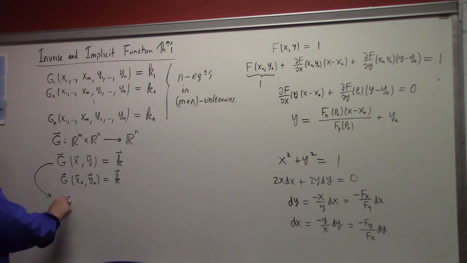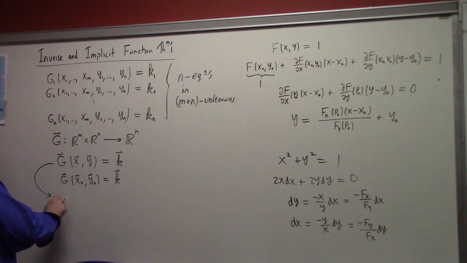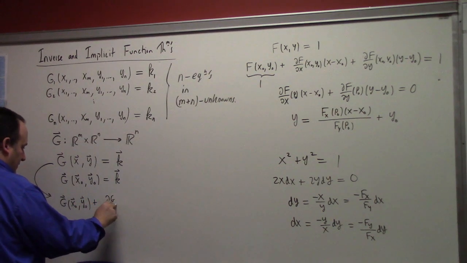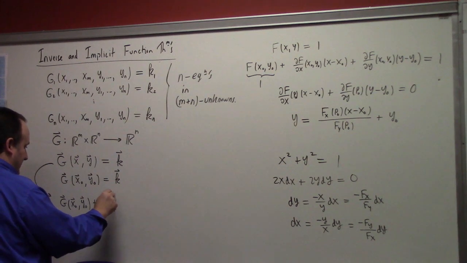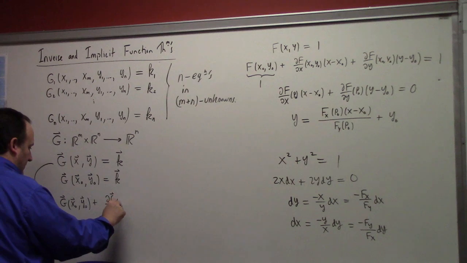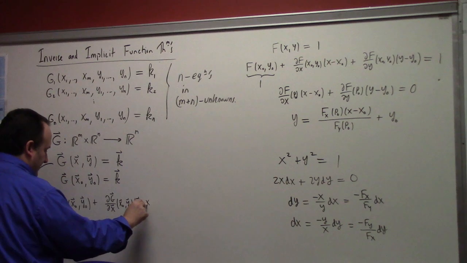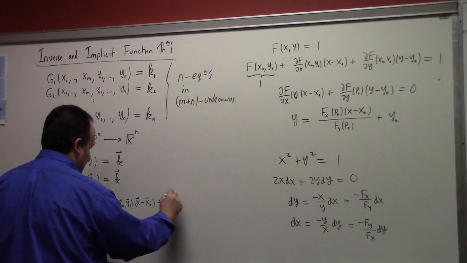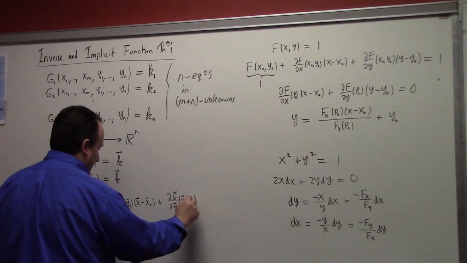The dumb thing is, of course, the value of the level function at the point of approximation, plus partial g, partial x vector at the point, times x vector minus x naught vector, plus partial g, partial y vector at the point, times y minus y naught.